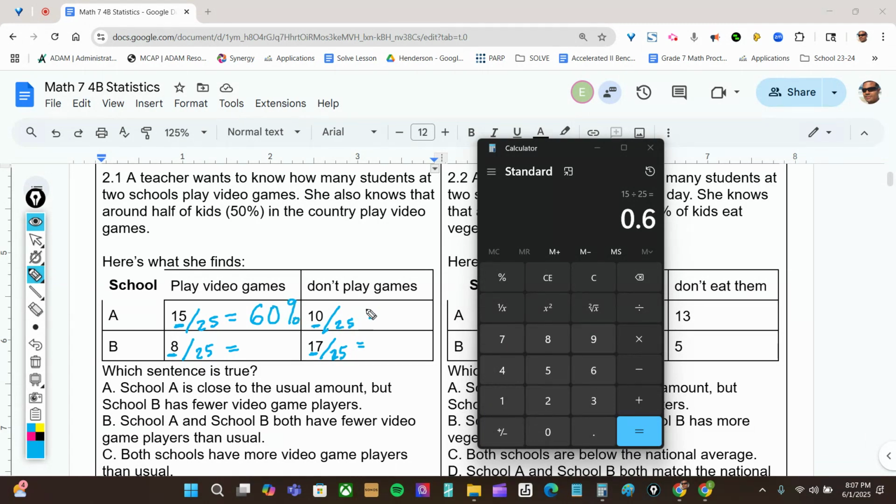And if this is 60, this has to be 40. Plus 60 plus 40 equals 100%. If we do 10 divided by 25, that's 40%. So 8 divided by 25 equals 32%.